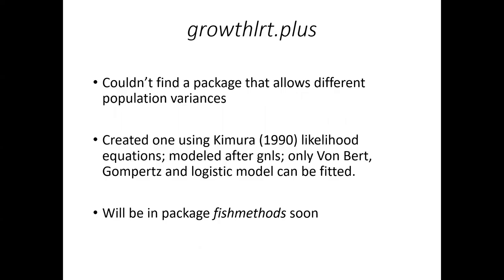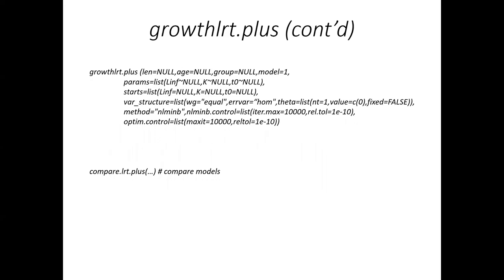So I couldn't find a package, so I made a function. It'll be the growth LRT plus function where you can do this. It's similar to the GNLS function, but you specify in this structure whether you want to model the within group variance as equal or unequal. You'll have the error variances homogeneous or heterogeneous, and then you can specify how many of those theta values can be estimated.